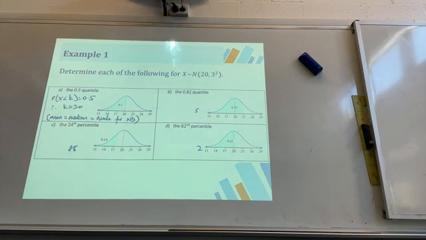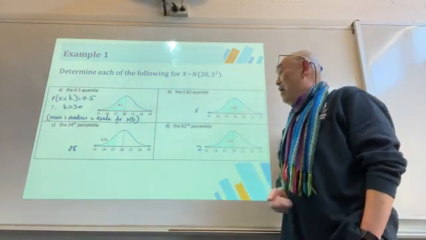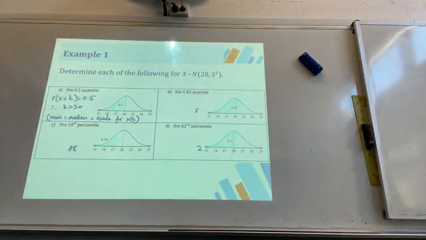So quantile is the same as percentile in a way. Quantile is just in decimal form, and percentile is 100 times the quantile. Inverse number.